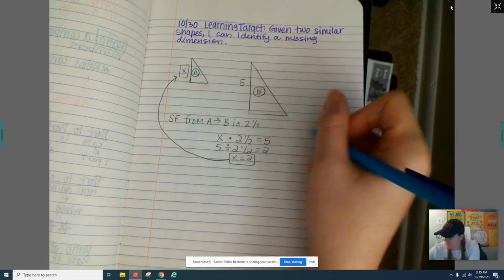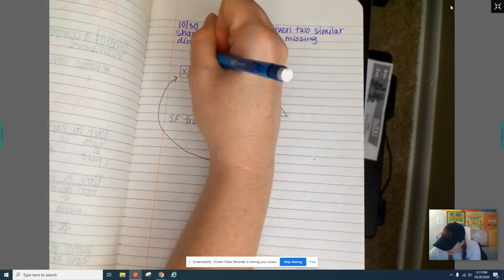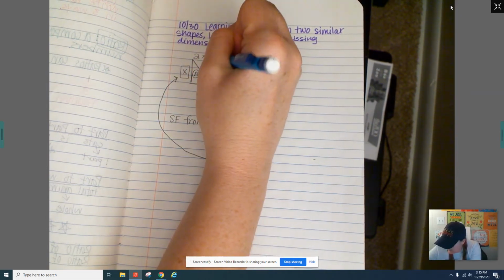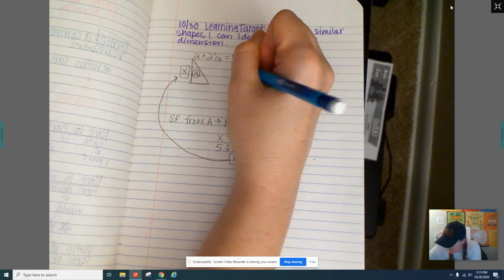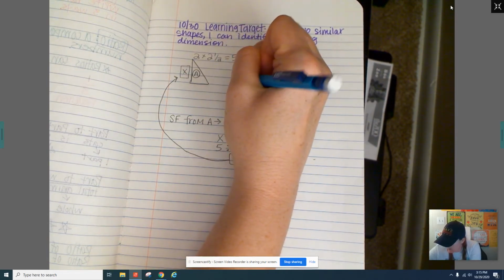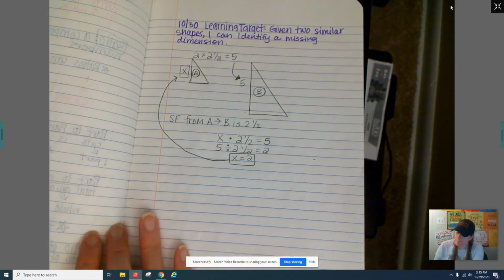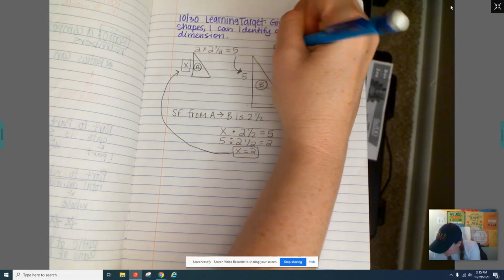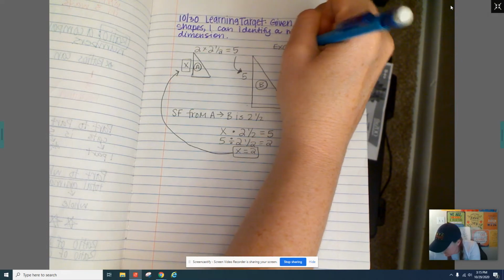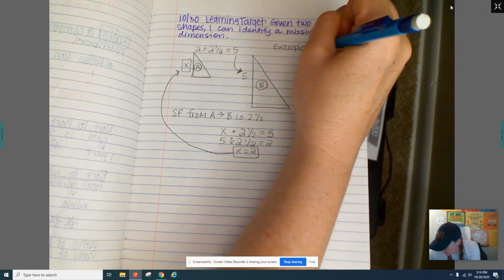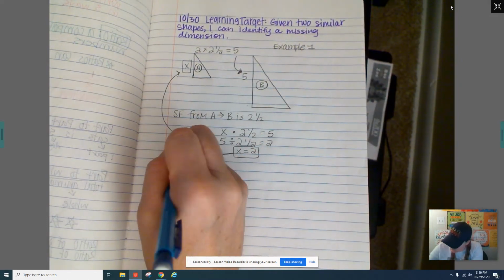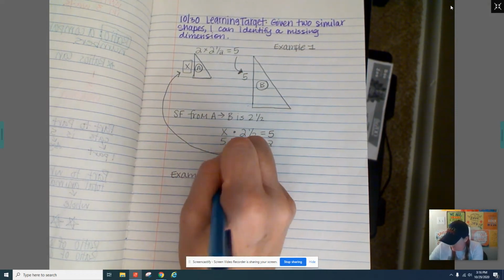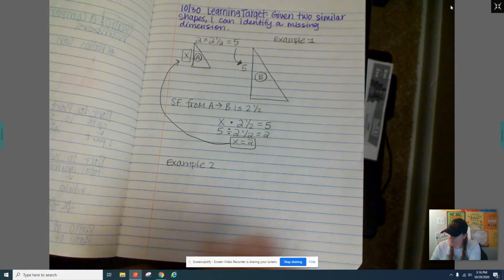If you wanted to plug it back in, 2 times 2.5 equals 5, so it would end up working out. So that's an example. Let's write example 1. We're going to do 2 more. Example 2.